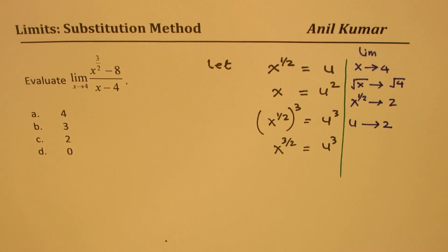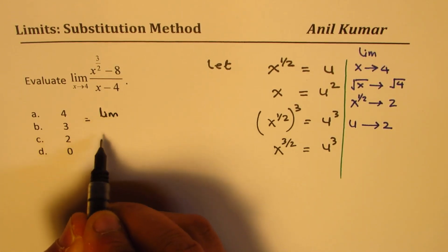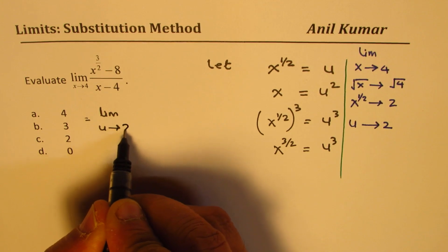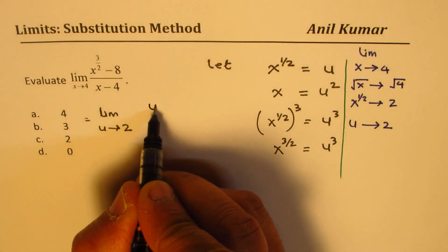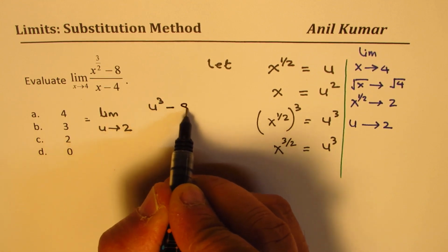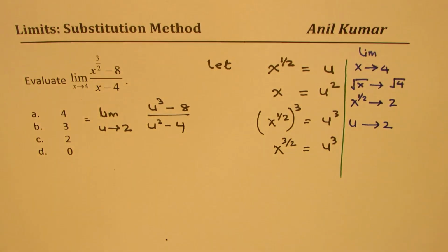Now with that, we can rewrite the expression, and so we'll now evaluate the limit as u approaches 2 of u cube minus 8 over u square minus 4. Is that clear?